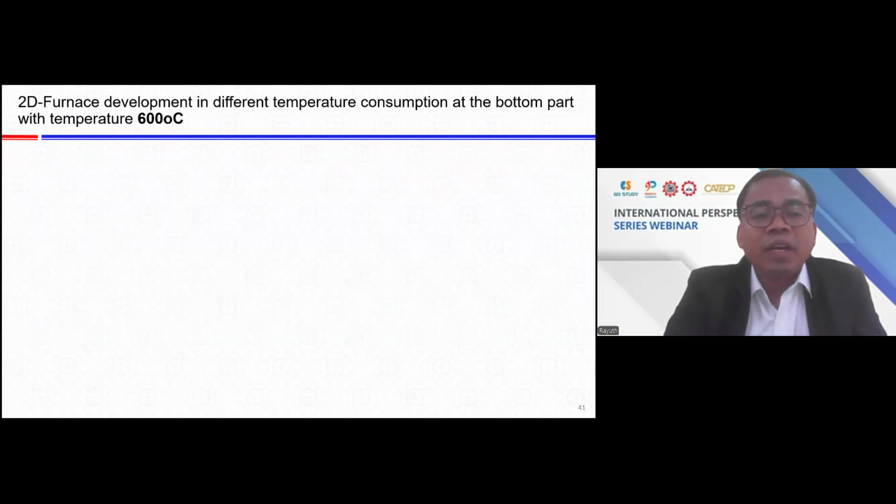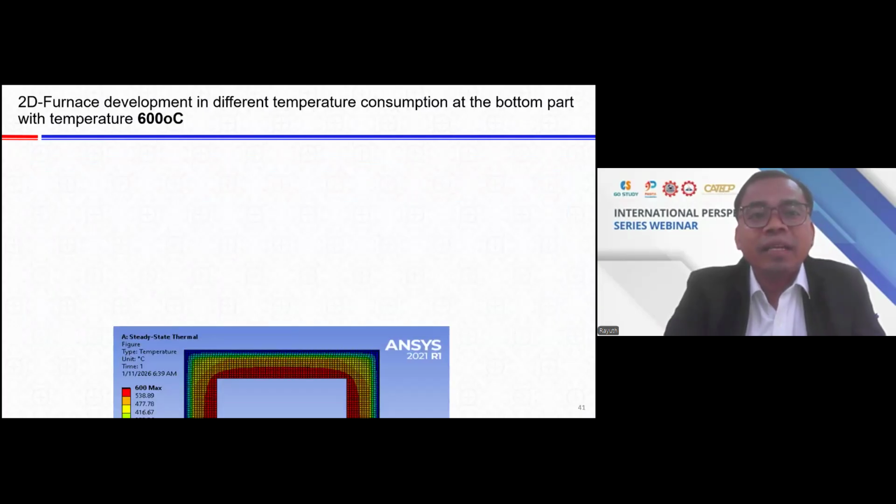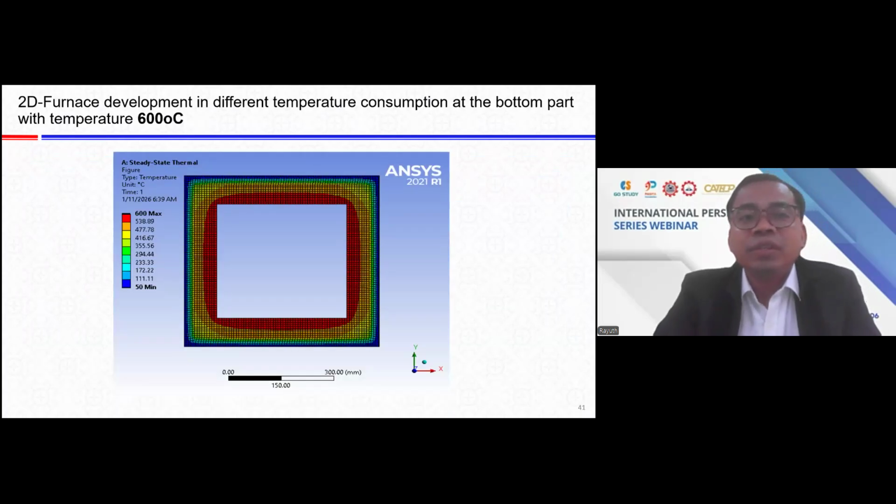For the condition, the case 2, I apply a temperature of 600. The first one is 300, but the second one is 600. So you can see on my video.